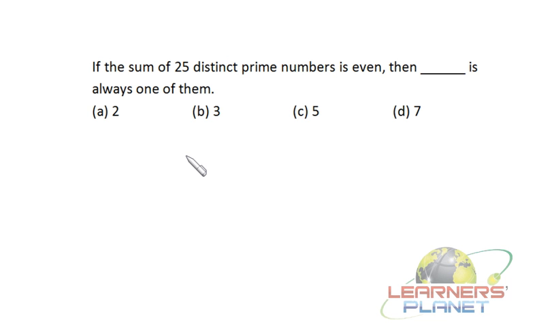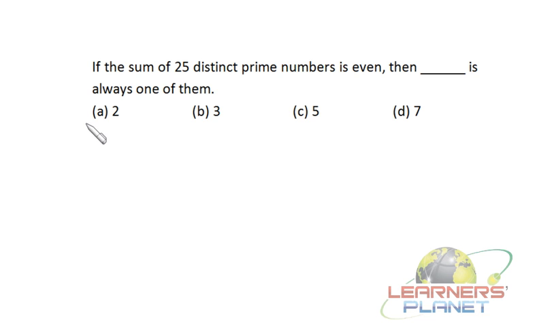now let's see this conceptual problem. If the sum of 25 distinct prime numbers is even, then dash is always one of them. Friends, we know that all the prime numbers except 2 are odd numbers. So if we add 25 odd numbers, we'll definitely get an odd number. That means definitely one of the numbers is even, and we have a single even prime number, that is 2.